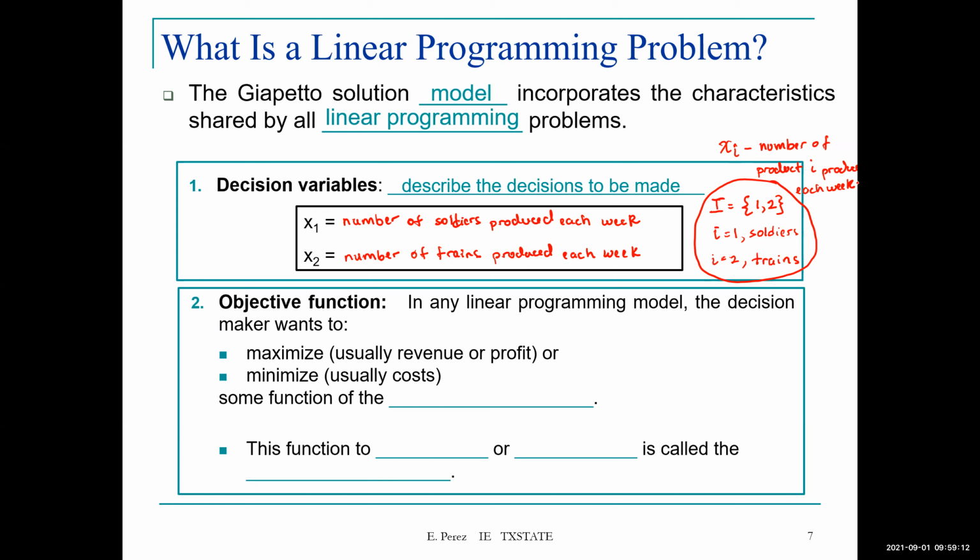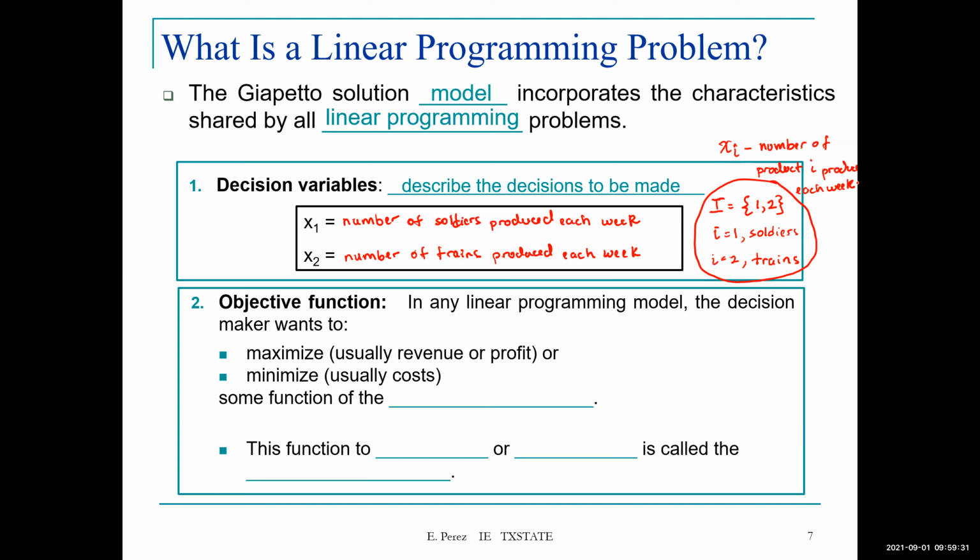the objective function, which is the second step. In any linear programming model, the decision maker usually wants to maximize the revenue or profit, or minimize the cost.